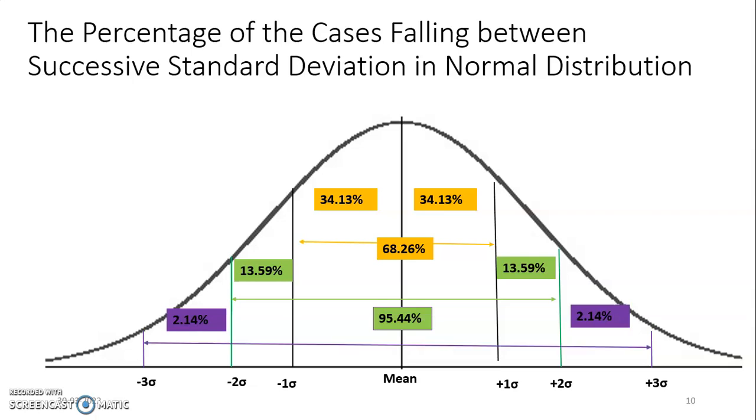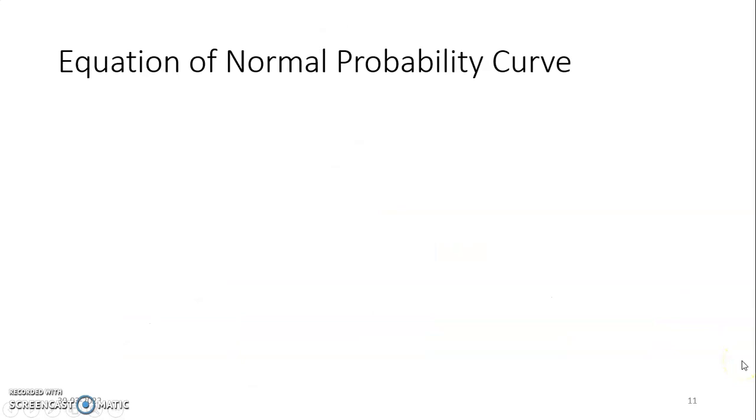The area covered between minus 3 sigma and plus 3 sigma is 99.73%. And the tail area, which we have not covered here, is 0.14% on this side and 0.14% on this side. Here you can put minus infinity on this side and plus infinity on this side, right?